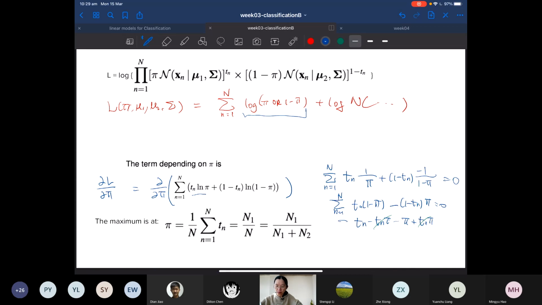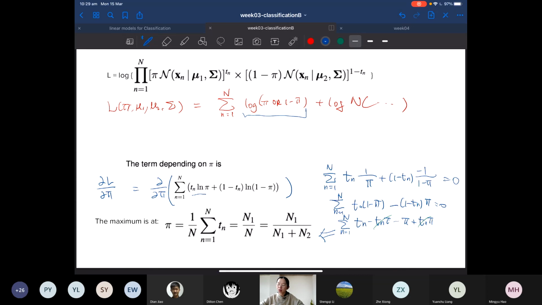So what we're looking at is basically this expression on the left. The sum over n of Tn minus pi, present in each of the terms, is equal to 0. Therefore, the maximum likelihood estimate of pi is 1 over N times the summation of Tn.